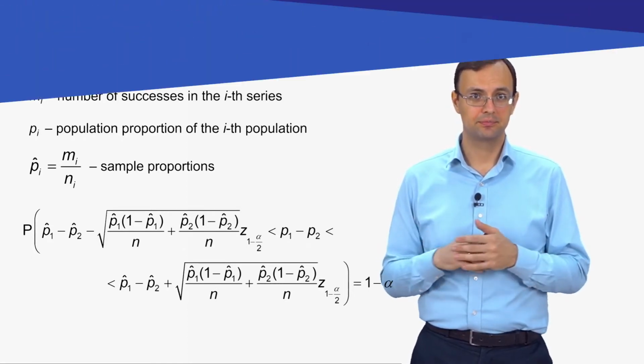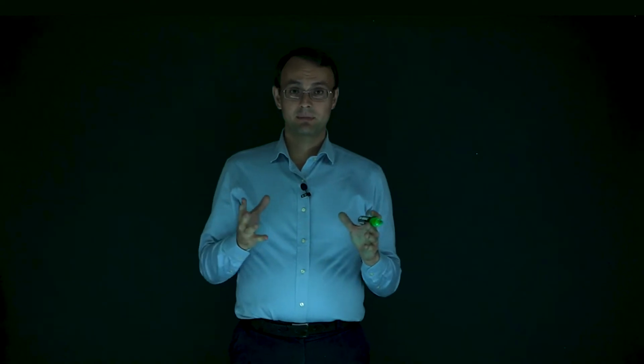As our time is limited, I will not show you an example of a confidence interval for a single proportion, but let's find a confidence interval for the difference of two proportions.